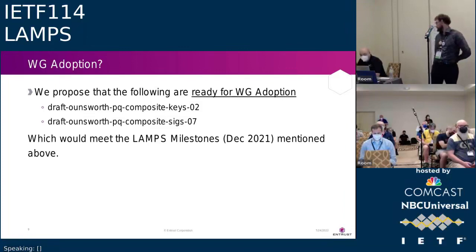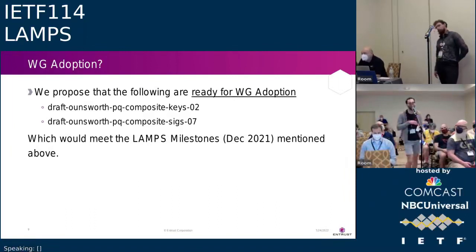And is there anyone who would speak against a call for adoption on composite SIGs? It's the and/or thing, right? Sorry, this is Jonathan Hamill again. So just to reiterate my previous comment, if the plan is to significantly change from what it is now, I object to adoption on the draft because I think that needs to be fixed before we do the call for adoption.